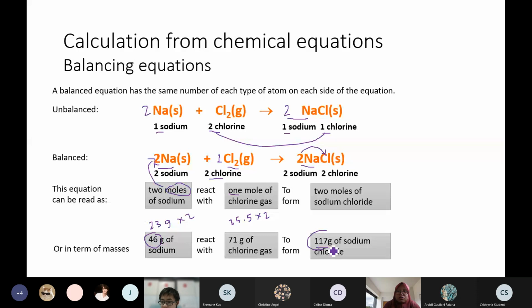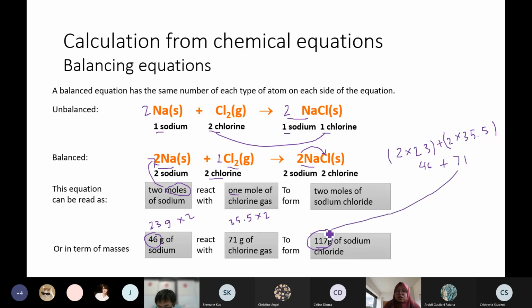We can calculate it: 2Na, 2 times 23, plus 2 times 35.5, which is 46 plus 71.